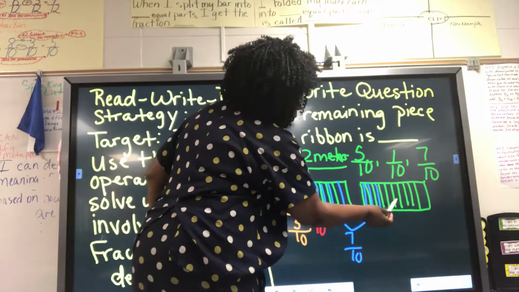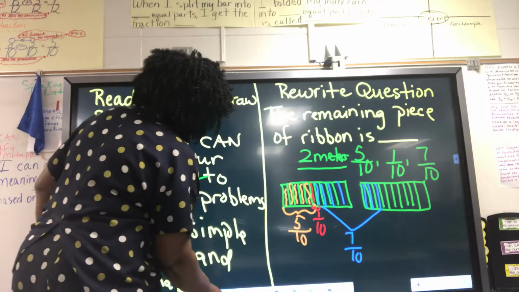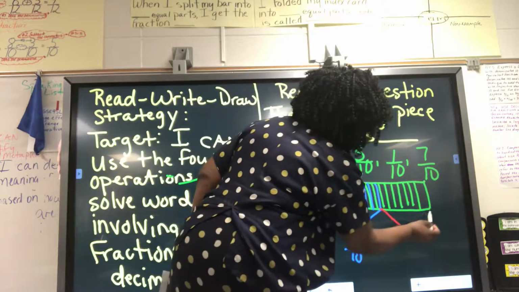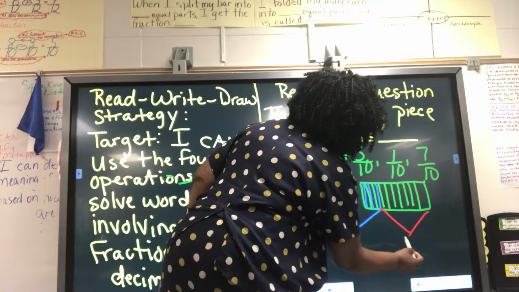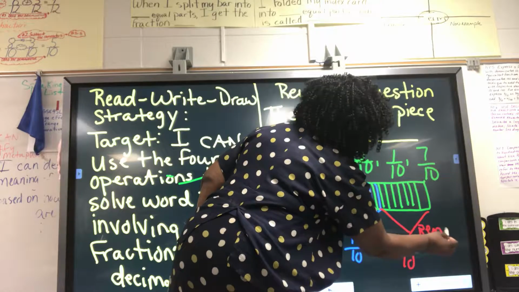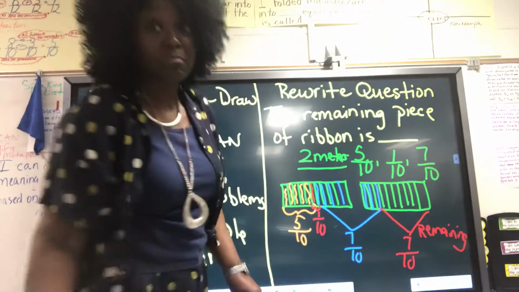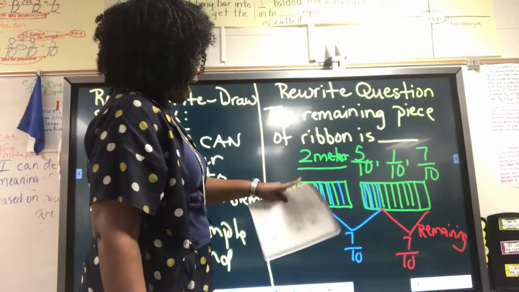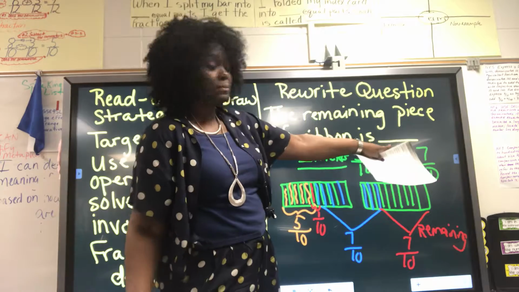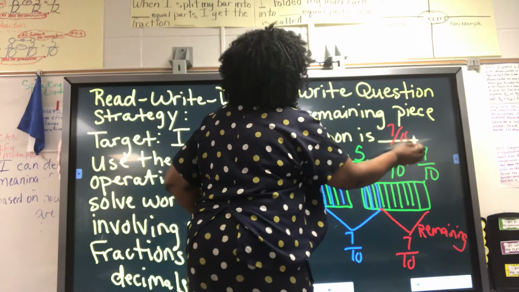We have 1, 2, 3, 4, 5, 6, 7. We're also going to label that. That is 7/10, and that's remaining. Okay? So we have that remaining, and what I want to do is go here and put in our answer, 7/10.